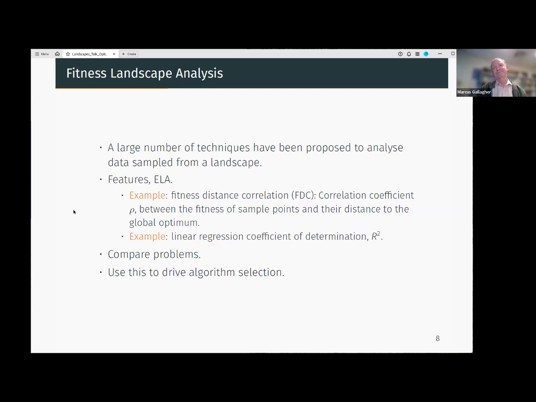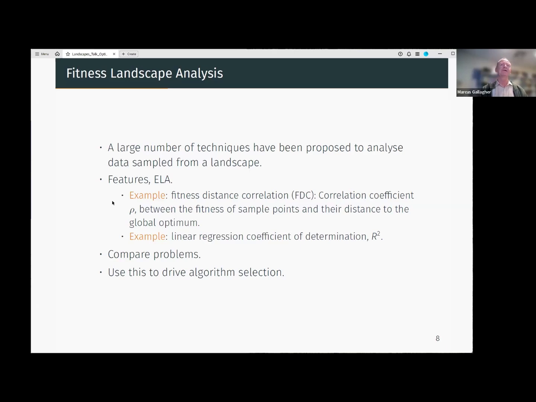And you might say, yeah, we construct features or we calculate features of landscapes, try and do that from the data. ELA stands for exploratory landscape analysis. So this is this whole sort of thread of work where people have done this kind of thing.